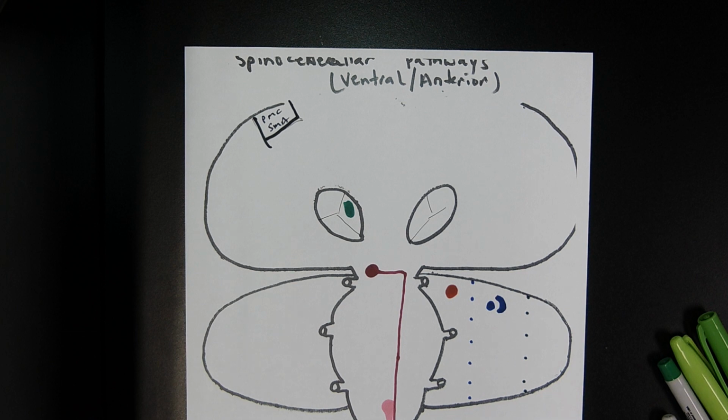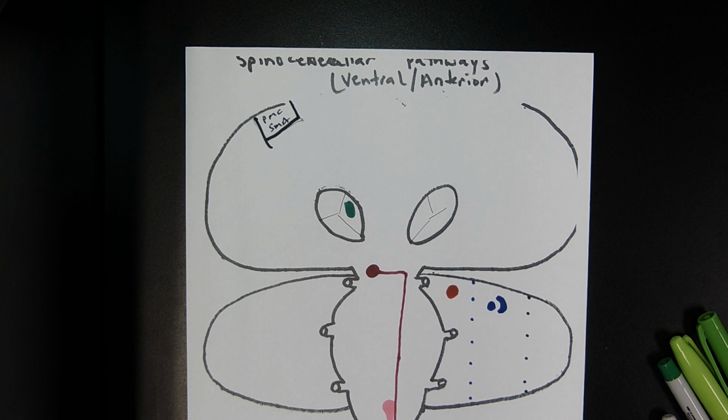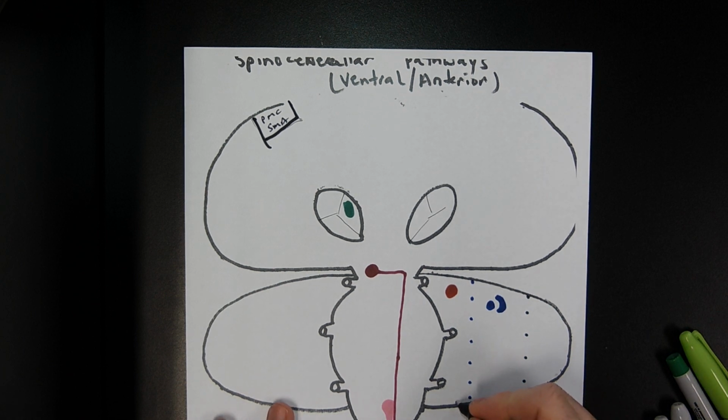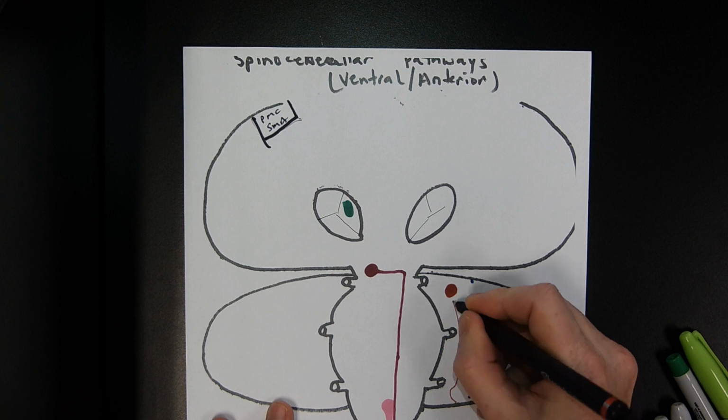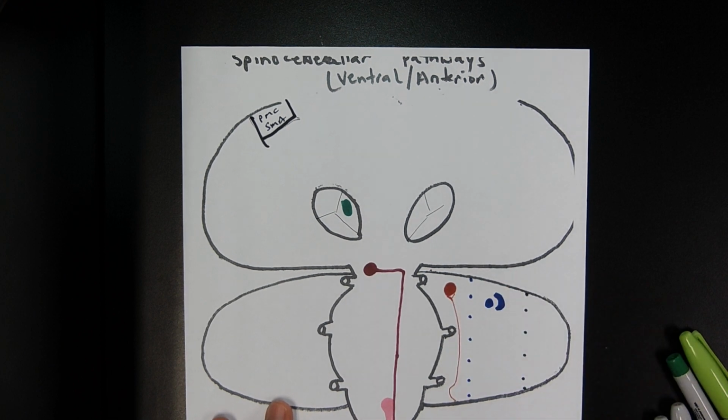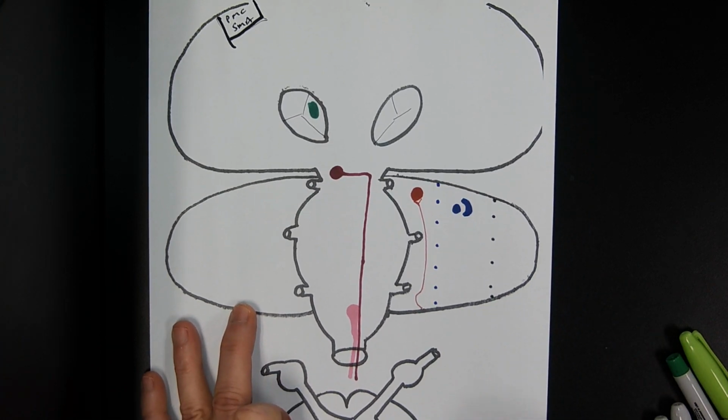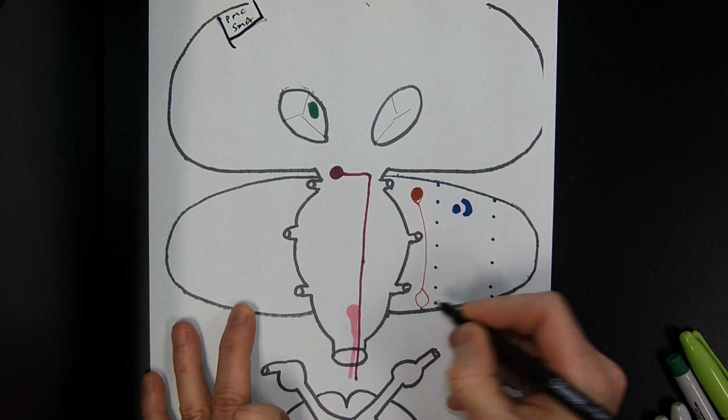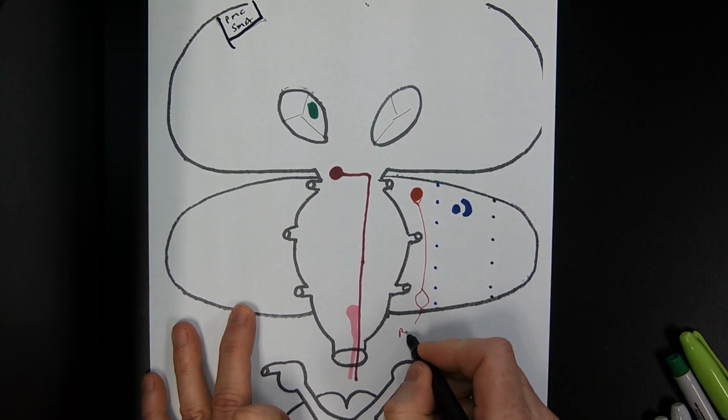Okay, same players. So here's superior, middle, inferior cerebellar peduncle. I think that's everybody. And then here's my Purkinje cell. Again, all the players are identical. So my Purkinje cell is here in the vermal region associated with my vestibular nucleus. This is my Purkinje.